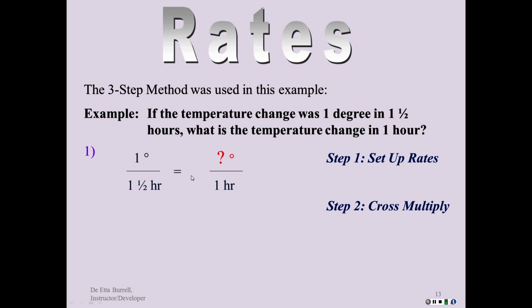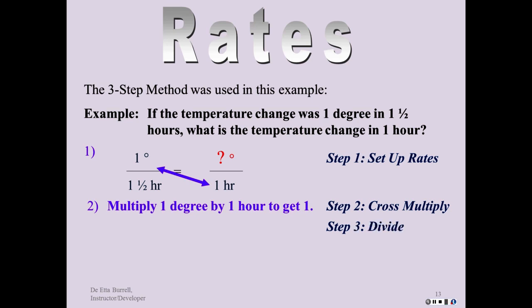Here I don't have 2 numbers crossways, but here I do. When you do step 2, that's what you multiply. The 2 real numbers you have crossways. So what's 1 times 1? Okay? So 1 times 1 is 1.